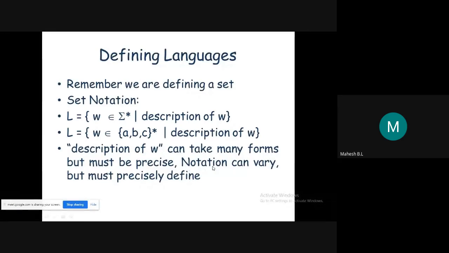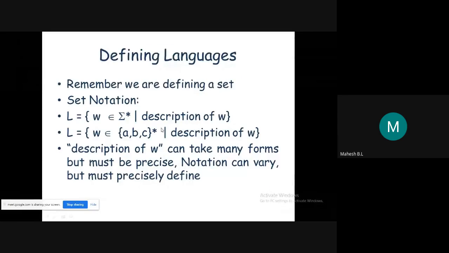Notation can vary but must precisely define. So here, while writing the description, it must be very clear, very precise. There should not be any kind of confusion, because this description of w decides whether a given string belongs to the language or not. If the description itself is not clear, it is not possible to decide whether a given string belongs to the language or not. That's why description must be very precise.